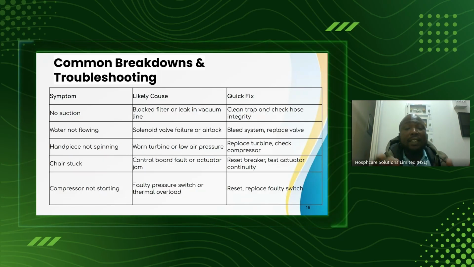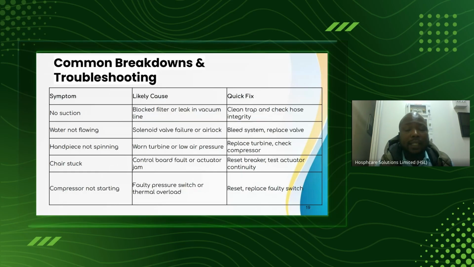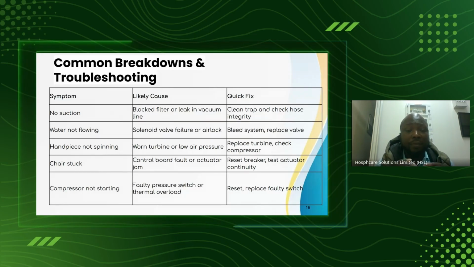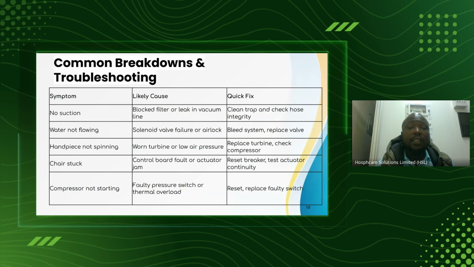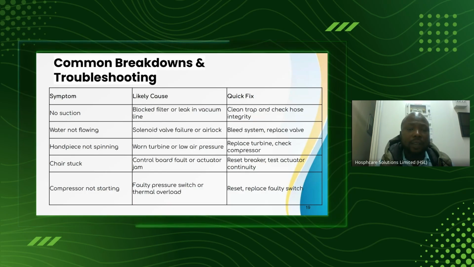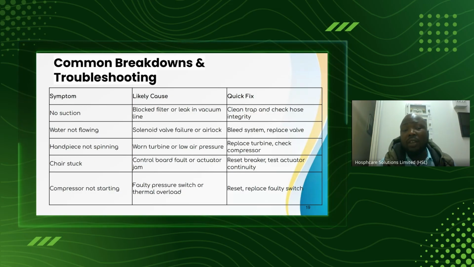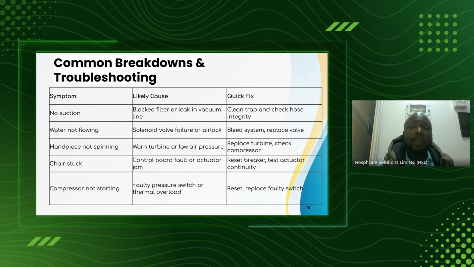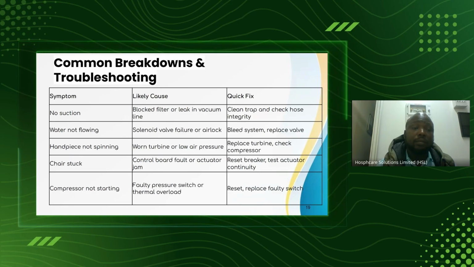Once the alginate composite and particles from the calcium teeth breakages fill this space, the suction will not have power. So you need to clean these filters, clean the nozzle, check the blockage of the nozzle. If water is not flowing, most likely you should check the solenoid valve or the water block. Normally it comes from an airlock, so you need to bleed the system and replace the valve if necessary.